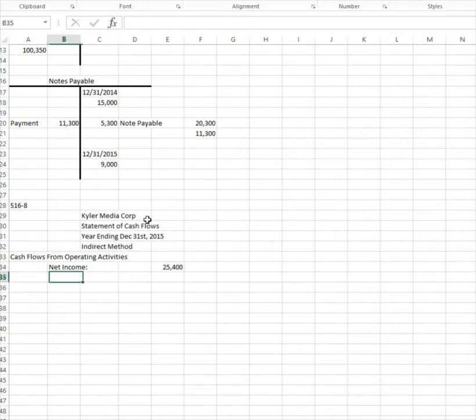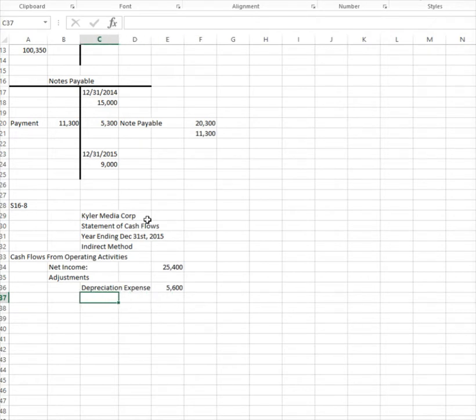Okay, but then I need to make a few adjustments to that. And these are to reconcile net income to net cash provided by operating activities. So I need to look at my depreciation expense for plant assets, and you can see that also on page 973 in the income statement, and that's $5,600 that we're going to add back in to our net income.